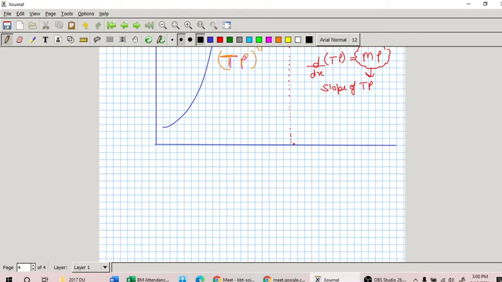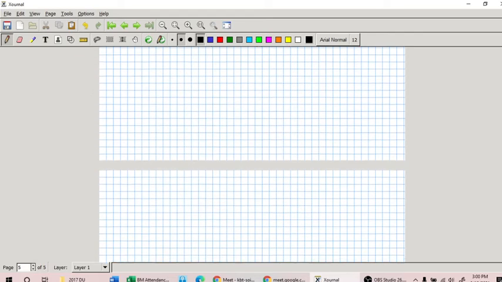Let me add another page to this. Yes, and we will have a look at one easy question. The question says that there is a function f(x) is equal to 2x cube minus 15x square plus 36x plus 18.